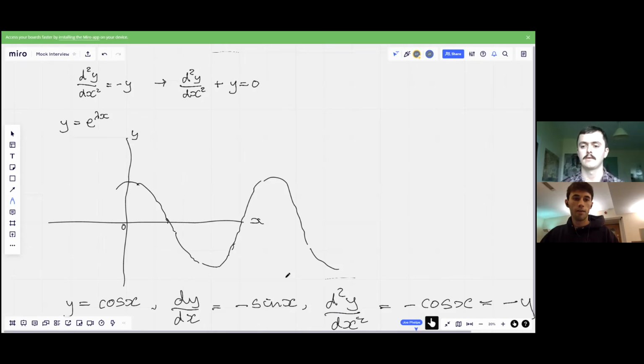So if we let our horizontal x-axis maybe be time, then this would describe something that oscillates in time. Specifically, it's proportional to minus the displacement, so we'd call this simple harmonic motion. Perfect. Very well approached.